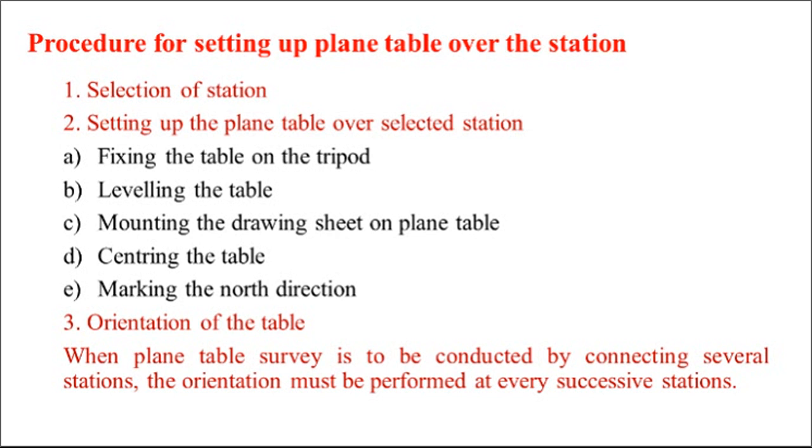And the third step is the orientation of the table if there are more stations. When the plane table survey is to be conducted by connecting several stations, the orientation must be performed at every successive station.